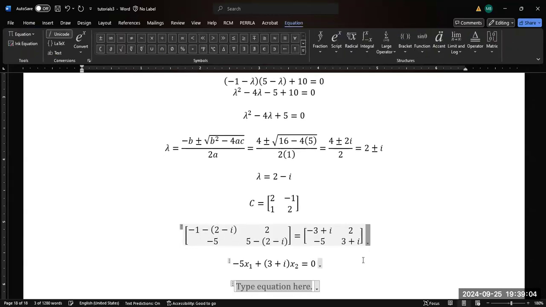That's my dependent equation. And if I solve for this, I'm going to end up with x sub 1 equal to (-3 plus i) x2, but then I'm going to divide by -5, and so the negatives are going to cancel.